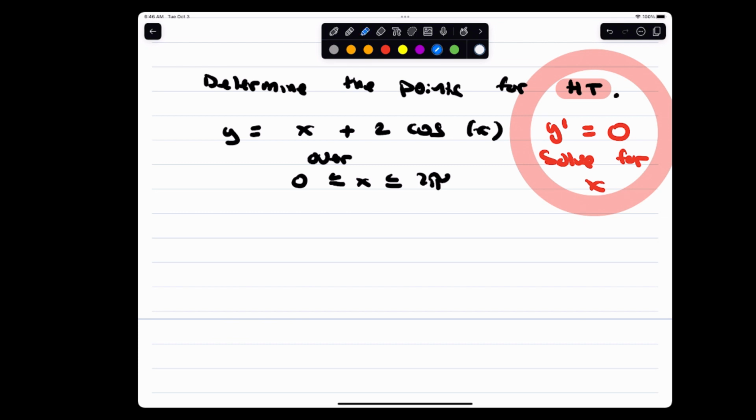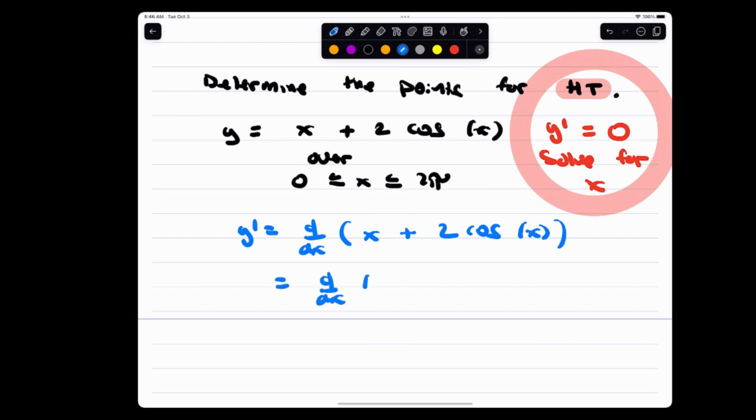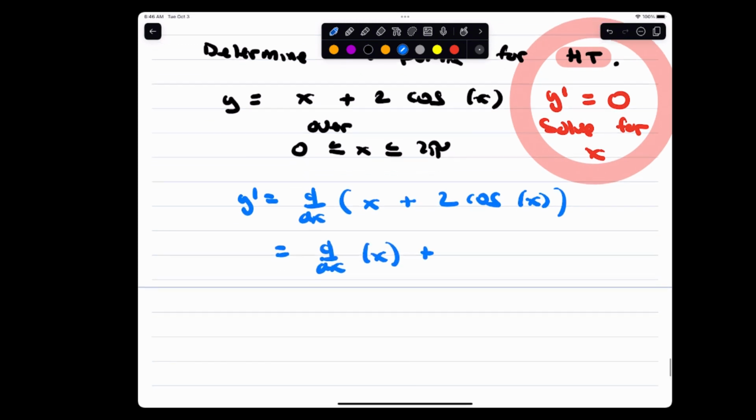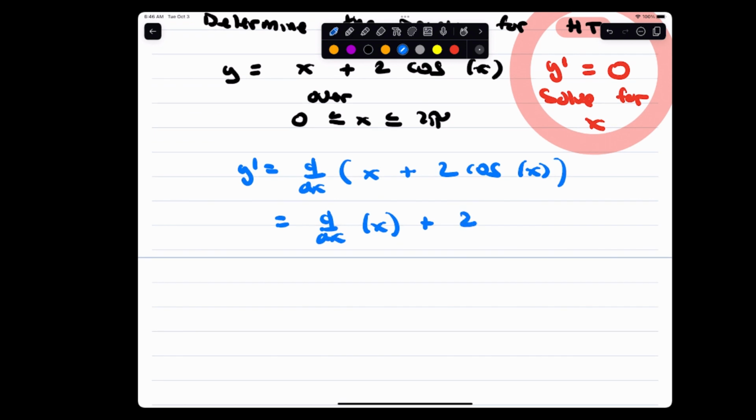Okay, so now what's the derivative of this function? Y prime is going to be d/dx of x plus 2 cosine x. Properties of derivatives, okay? I use operator notation. I think that's the best notation ever, and we can still see the nice properties.